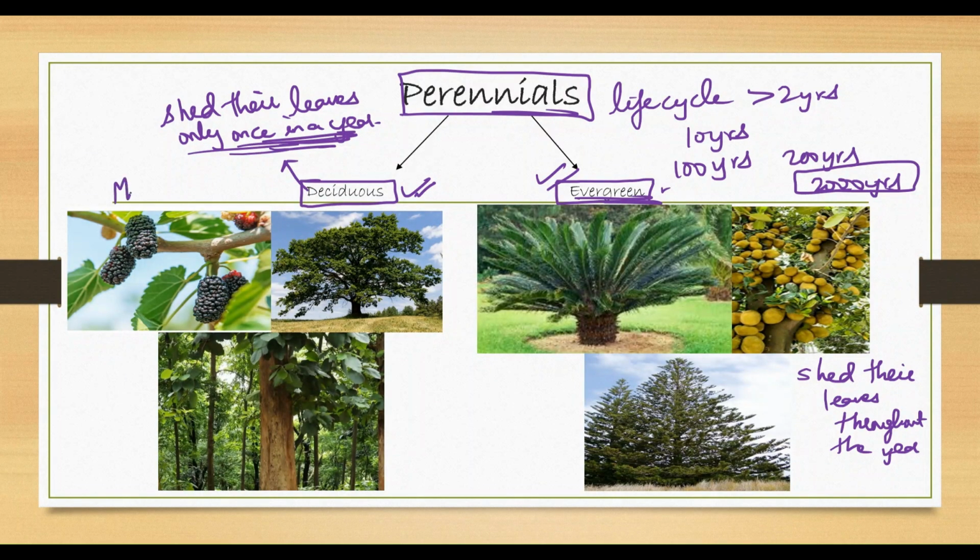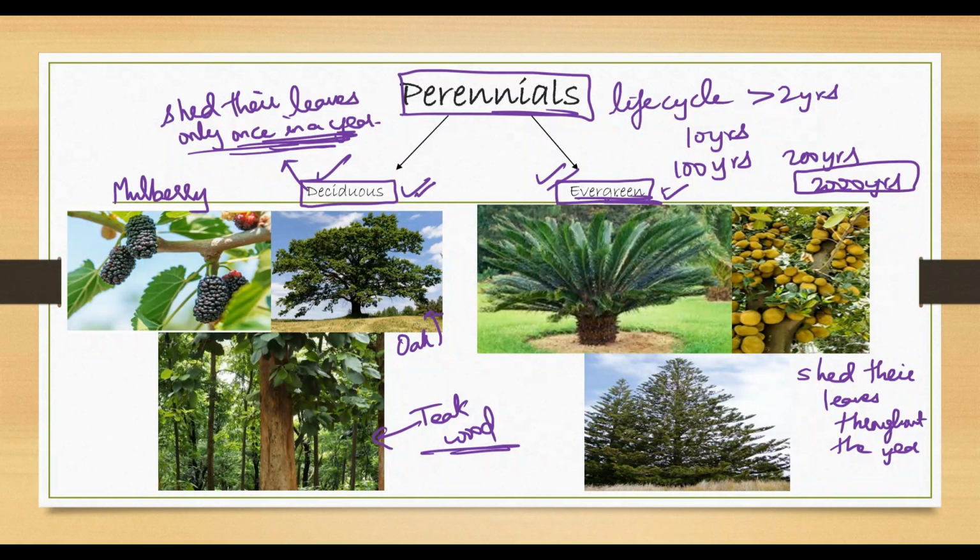Example includes mulberry tree, and here you have picture of oak tree. This is oak tree, and this is the picture of teak wood. In these plants, you find the shedding of leaves once in a year. All the leaves are shed at a time in deciduous plants. In evergreen, the leaves are shed throughout the year, and not all leaves are shed at a time.